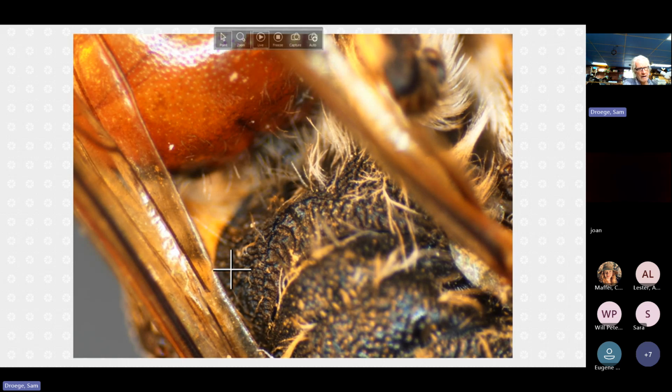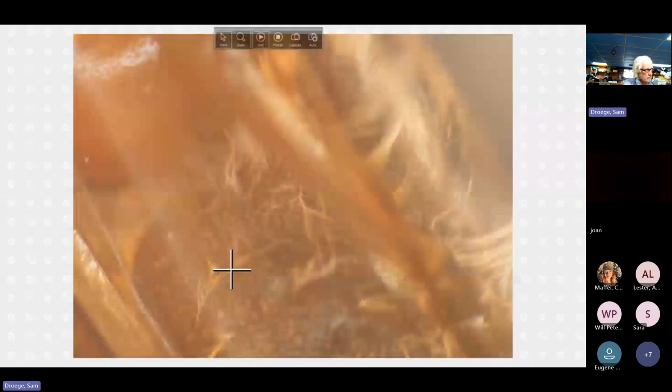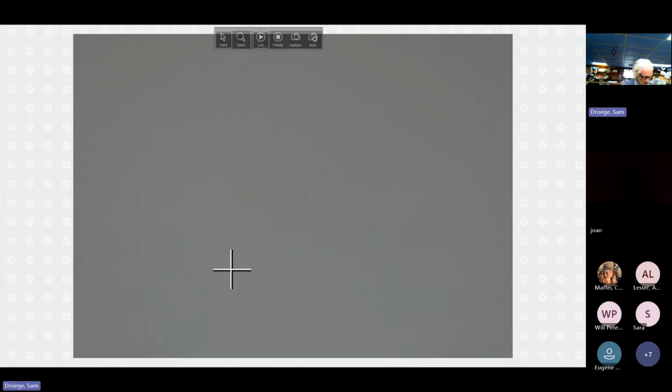Okay, so I'm going to jump now to a brown specimen from the region here. Although, do I have a brown specimen? Should. Oh, here's a brown specimen without a head. And what about this one?